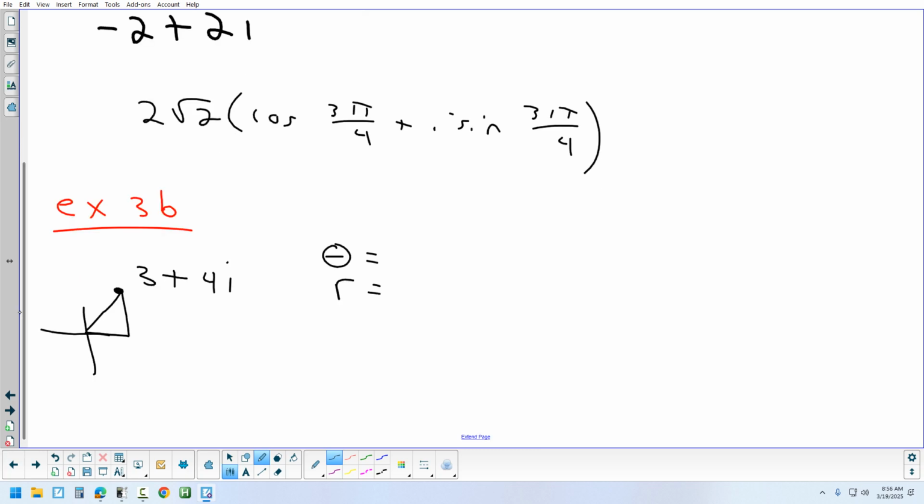Okay, to find r, you can graph the point 3, 4, and then use the Pythagorean theorem to find the distance from that point to the origin. Remember, that's like the radius if you were to make a circle. What's the radius going to be in this case if you use Pythagorean theorem on the 3 and the 4? 5. You're going to get a nice answer for the radius.